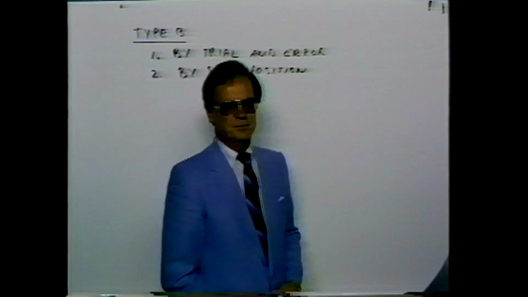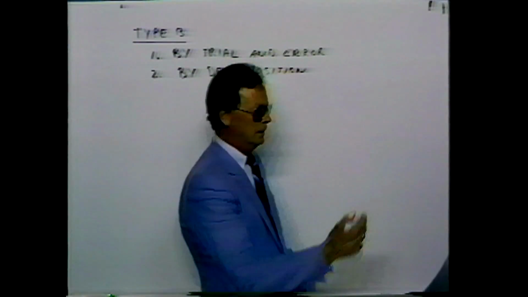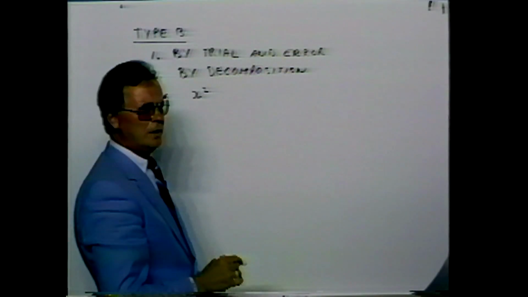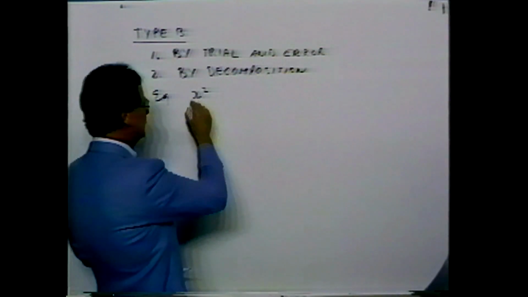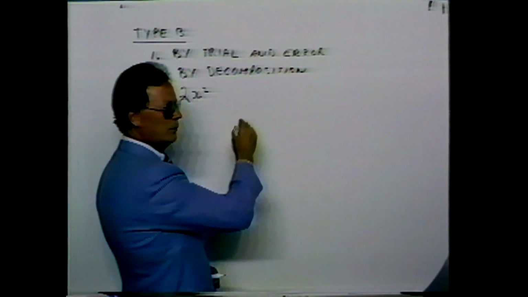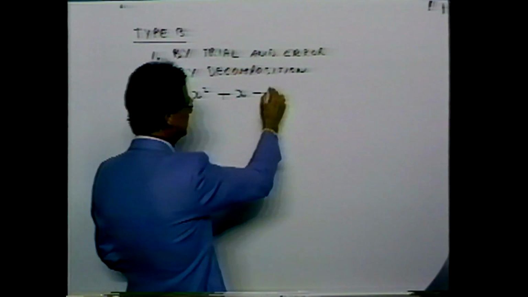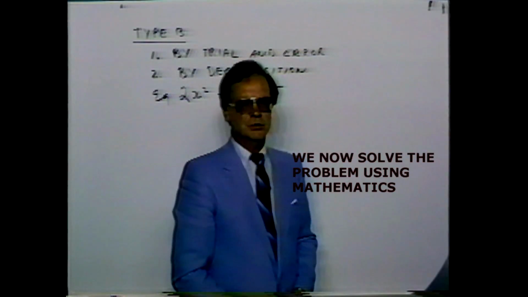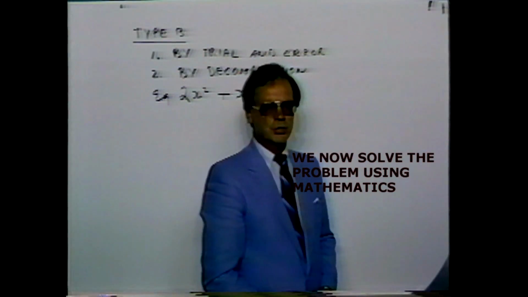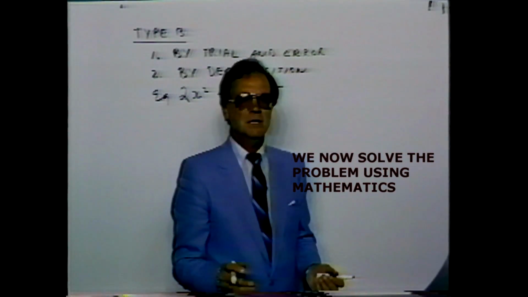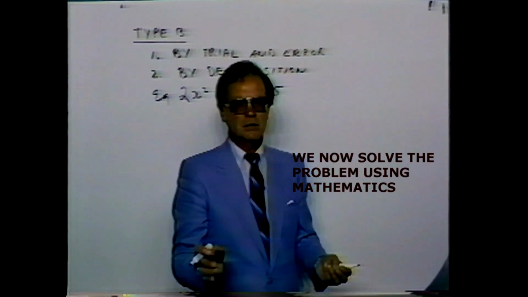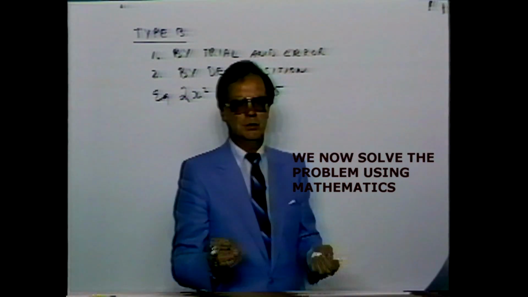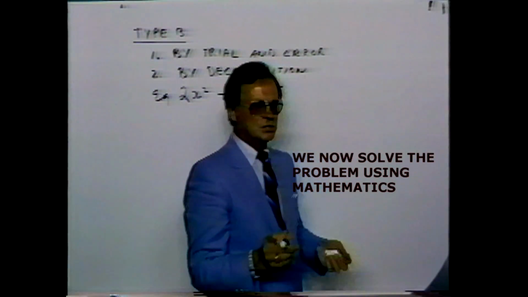The same problem by decomposition: 2x squared plus x minus 15. The decomposition occurs in the middle term. What decomposition simply means is to break it up into parts. And we decompose the middle term into two terms following this procedure.